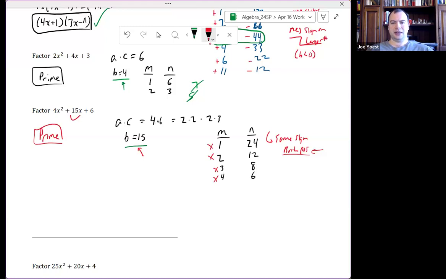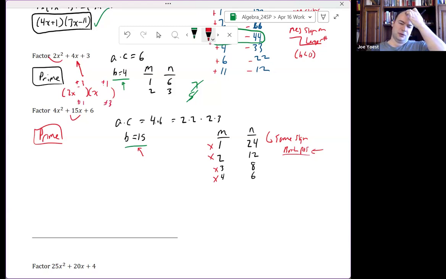Again, using guess and check, problem 2 would have been kind of tough to tell that it was prime, but we probably would have realized it pretty quickly because we can only break it up as 2x and x. And then we either have to have plus or minus 3 and plus or minus 1 here, or the other way around, plus or minus 1 and plus or minus 3.